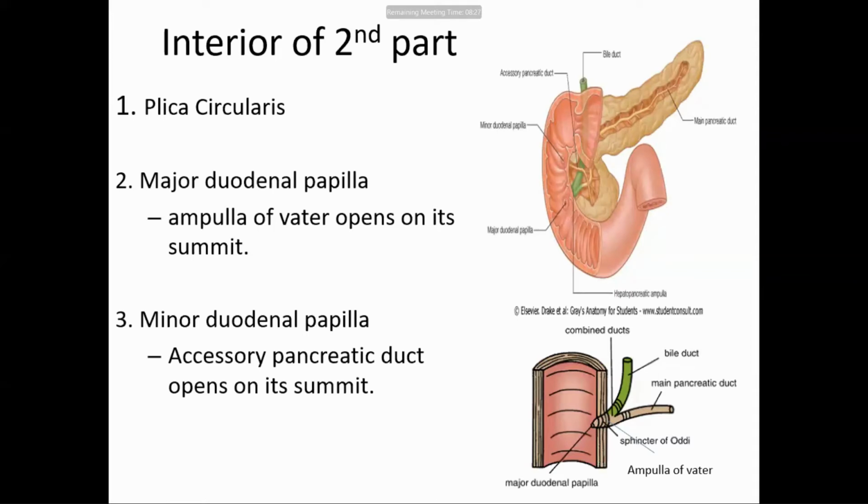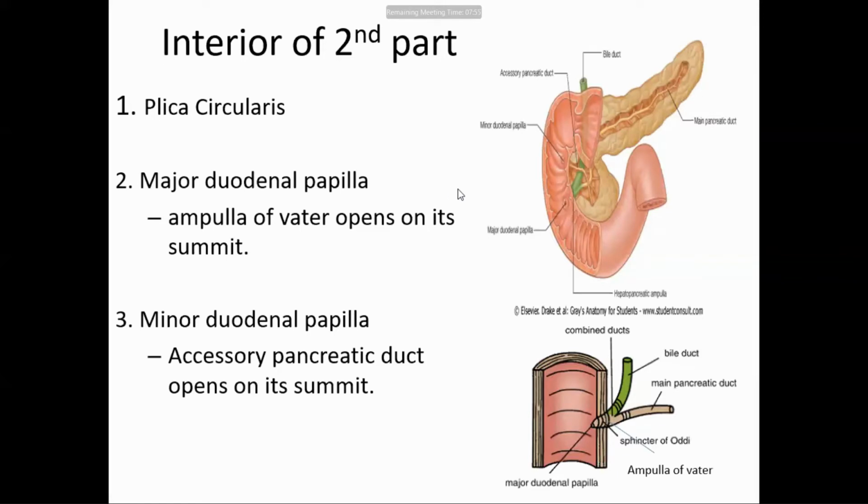So what is the plica circularis or the valve of Kerckring? These are the permanent circular mucosal folds, and their function is to slow the passage of the contents.